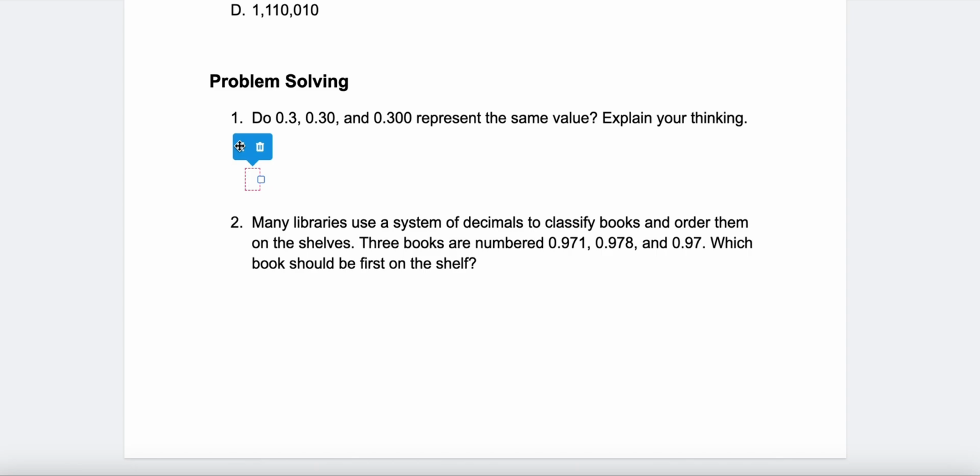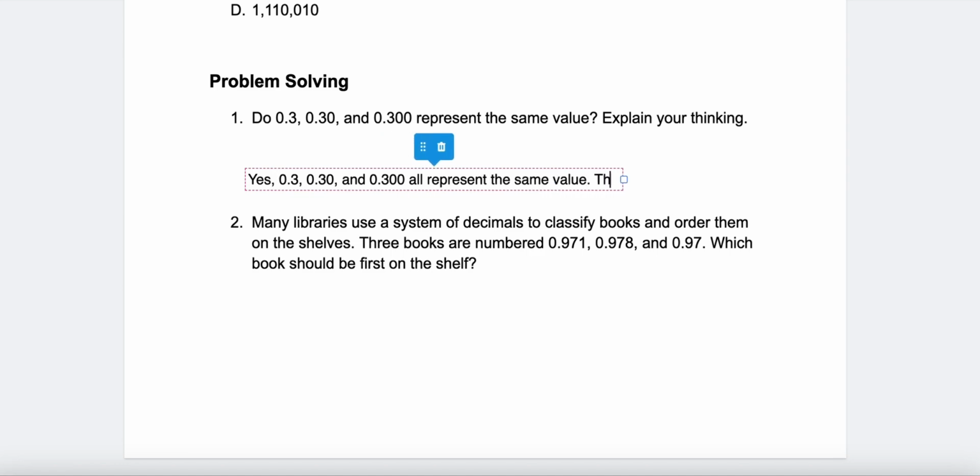Because yes, 0.3, 0.30, and 0.300 all represent the same value. The digits after the decimal point don't affect the value.